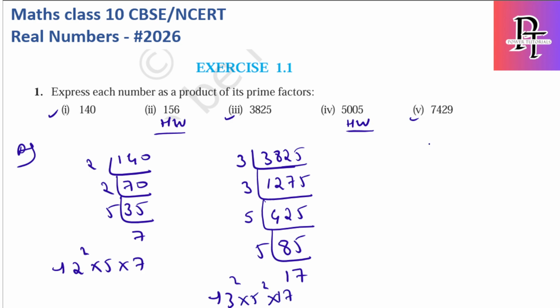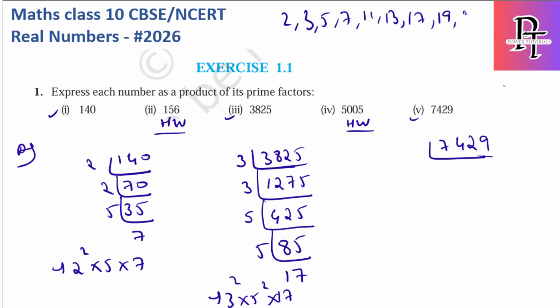Okay, let's solve the last one, 7429. It is an odd number, so 2 is not possible. What about 3? 7 plus 4 is 11, 11 plus 2 is 13, 13 plus 9 is 20. So 3 is also not possible, and 5 is not possible. So what are the prime numbers? I will write them here: 2, 3, 5, 7, 11, 13, 17, 19, 23, 29 and then 31.